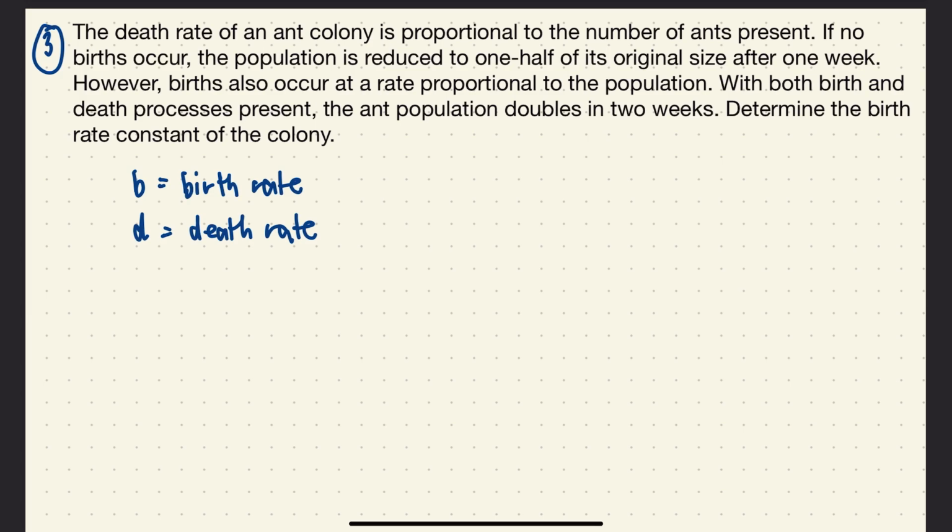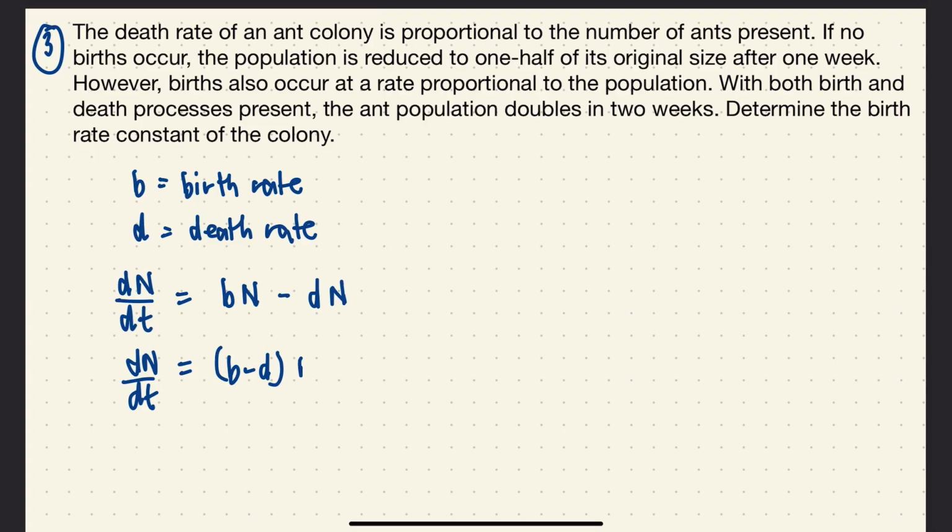So what happens is that dN over dt will be equivalent to the birth rate, so BN, and then we will subtract DN because that's the death rate. So we're combining both birth and death this time. Or we can rewrite this as dN over dt as B minus D times N.